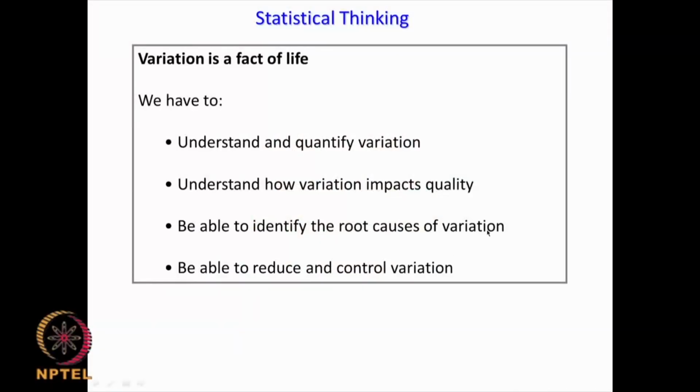Be able to identify the root cause of variation. What causes this variation? I come sometimes very late, sometimes very early. What is the reason for me coming very late or coming very early? Is it the bus? Is it the route I take which has a lot of traffic, and so on actually. We should be able to reduce and control the variation.